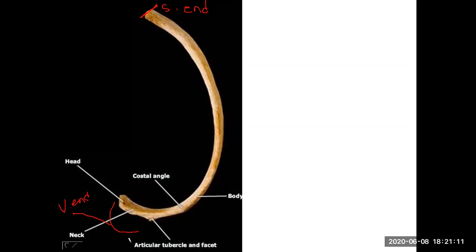We can see that area of the tubercle. And just beyond that, the narrowed area puts us here at the neck. And the costal groove, that's what we're going to see right along here.